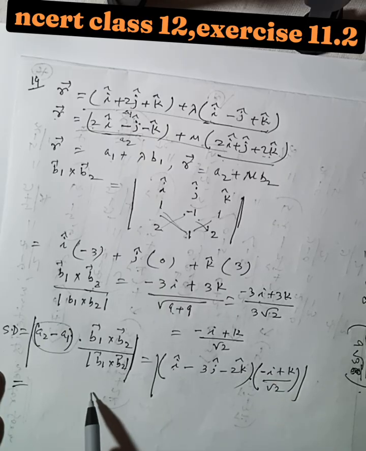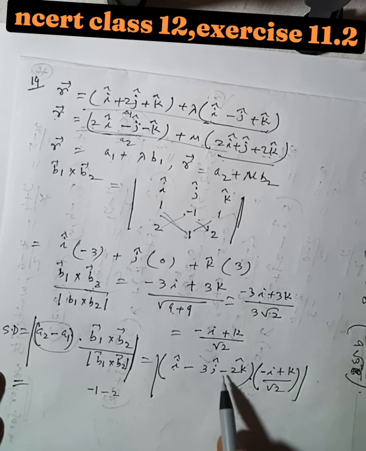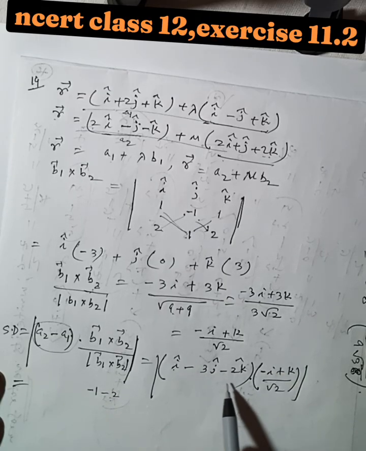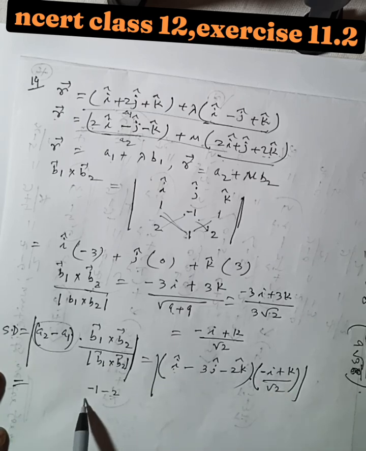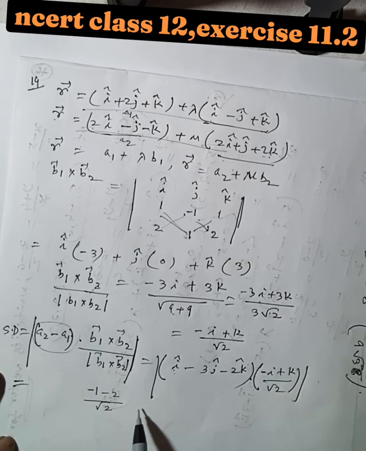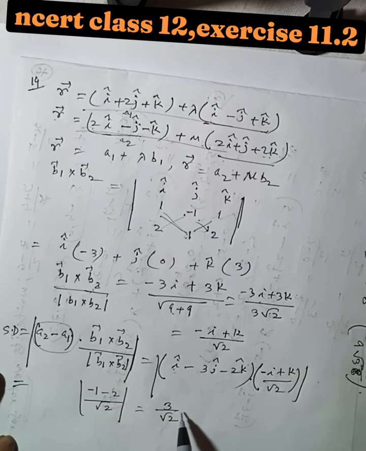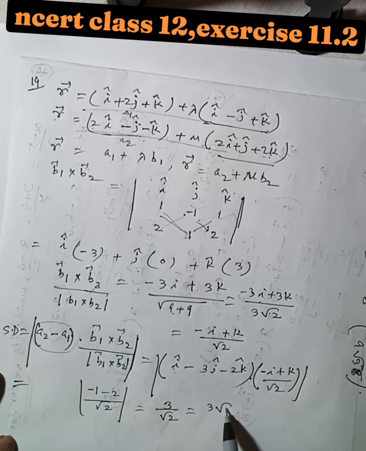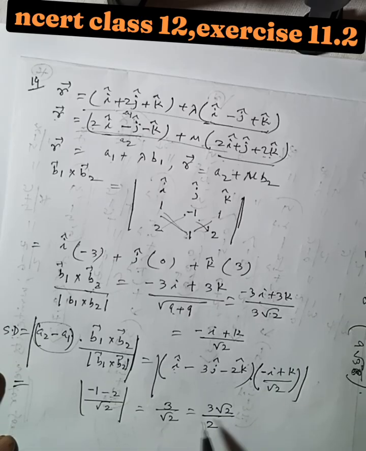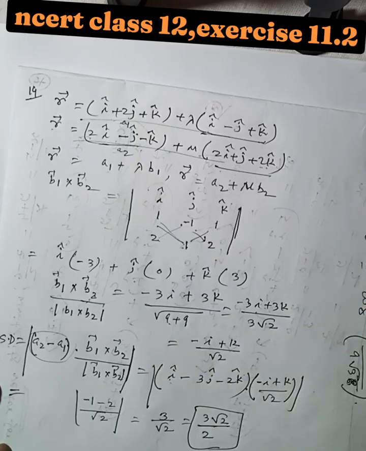Now we multiply: minus 1 minus 2, j is 0, so minus 1 minus 2 by root 2. This is modulus, 3 by root 2. This is the shortest distance of the given lines.